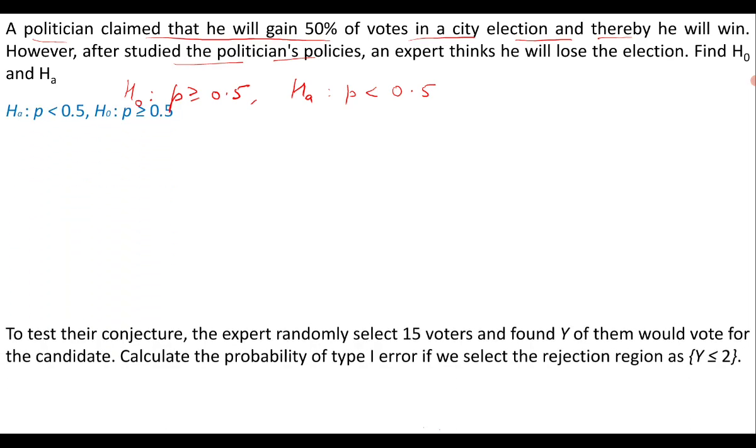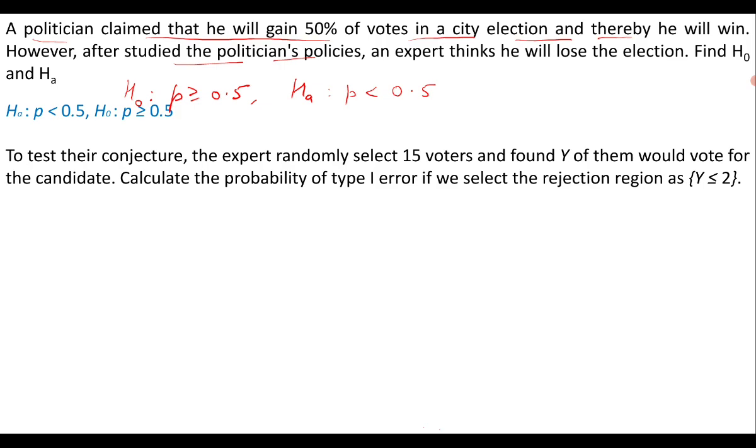Now, to test the conjecture, the expert randomly selects 15 voters and finds y of them who would vote for the candidate. Calculate the probability of type 1 error if the rejection region is given as follows, the region or interval where you reject H naught.